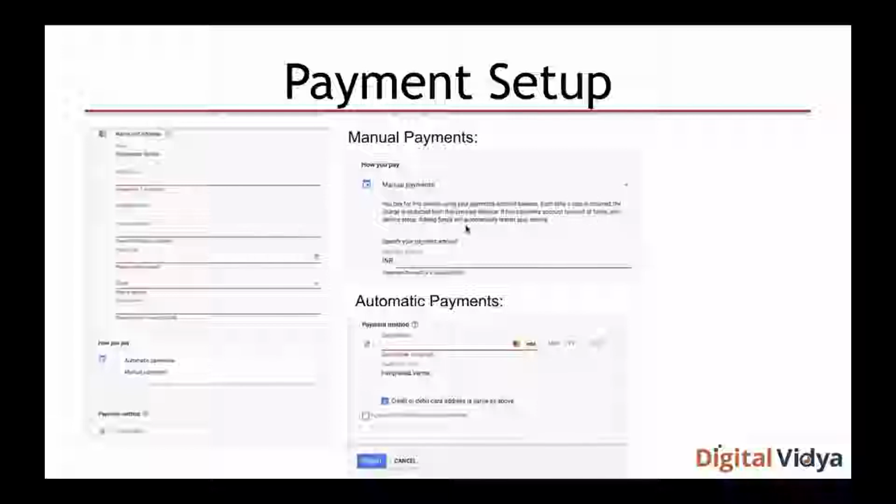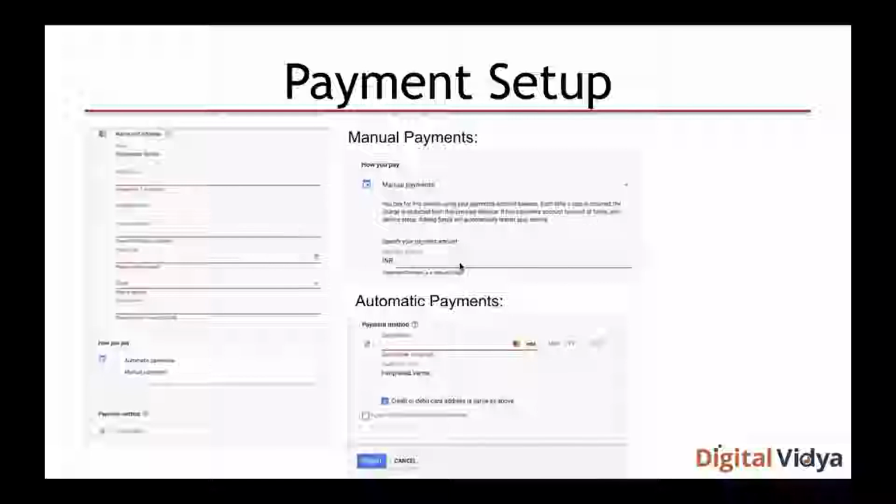I can pay through my net banking. In India, I can pay through Paytm, Google Pay, and all those options are there. So you can pay that money in advance, and that money will be added here. After that, when you run your advertising, whatever money you spend, say per click, so much money you spent in the entire day, that money will get reduced from the balance here.